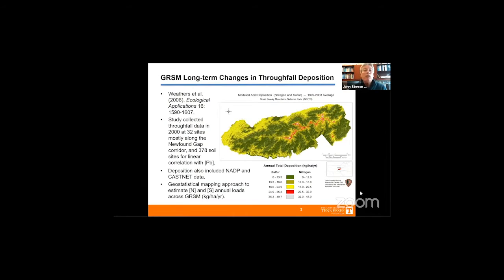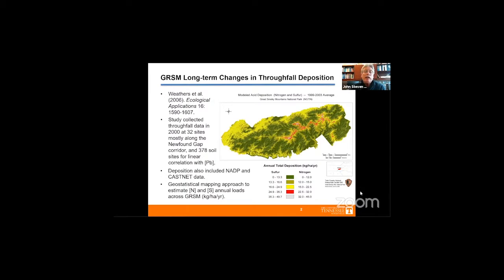What instigated this study was a previous study on through-fall deposition published by Dr. Weathers in 2006, using data from the year 2000.